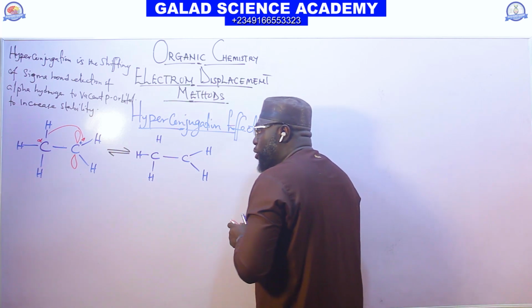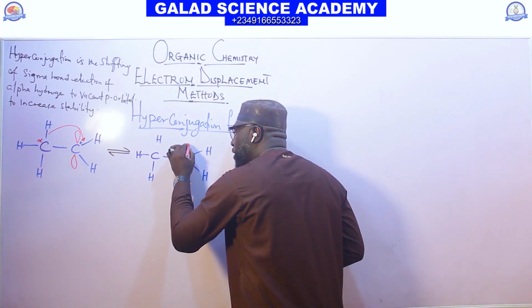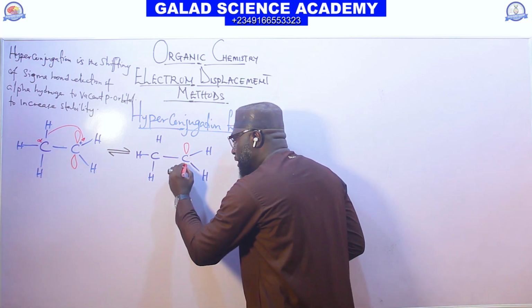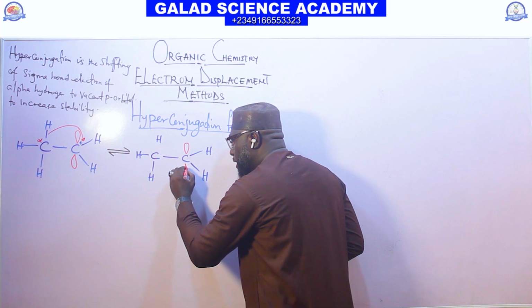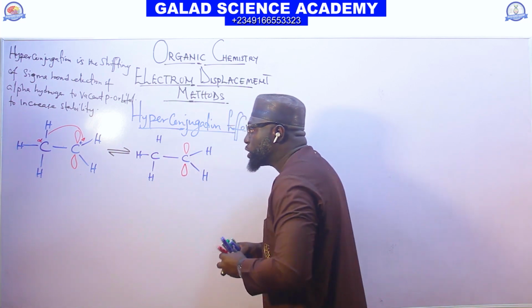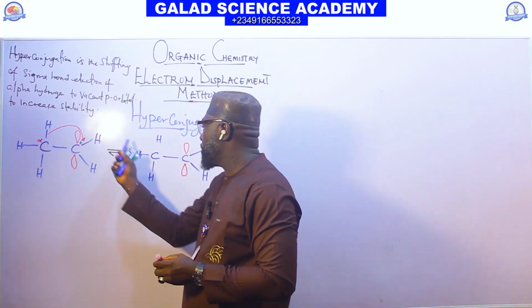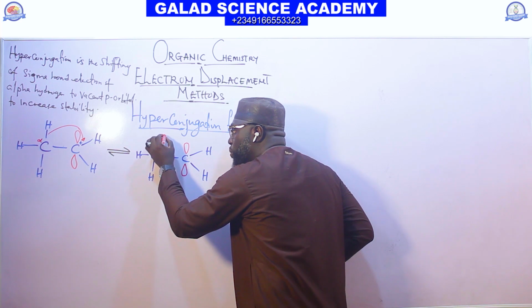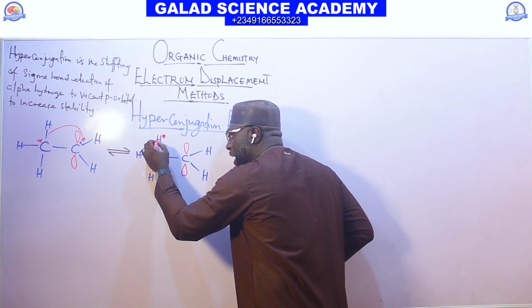So here now, you will have this orbital we have here, and the orbital we have here. Good. Note that this pi has come here, and this hydrogen now becomes asterisk.